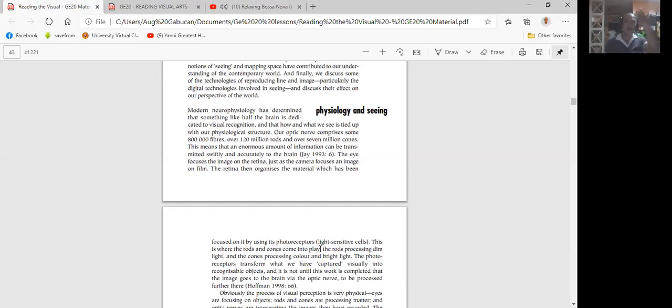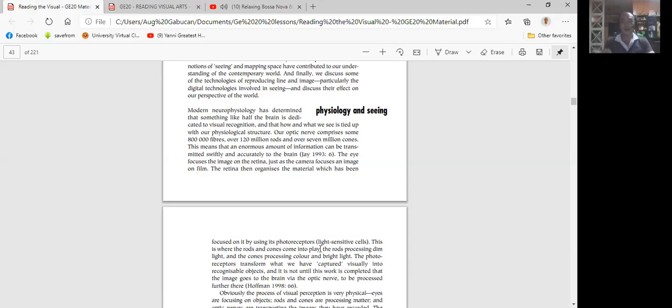Half of our brain works just for visual recognition, and how and what we see is tied up with our physiological structure. Our optic nerve comprises some 800,000 fibers, over 120 million rods, and over 7 million cones. This means that an enormous amount of information can be transmitted swiftly and accurately to the brain.